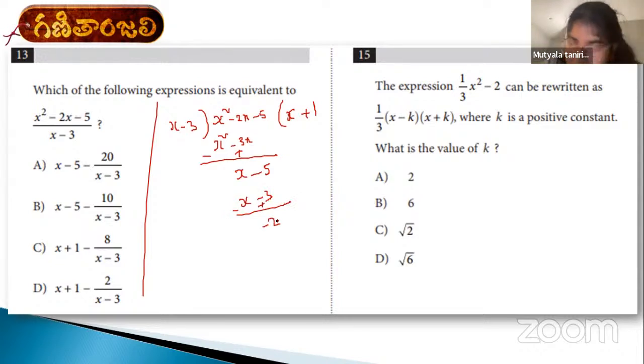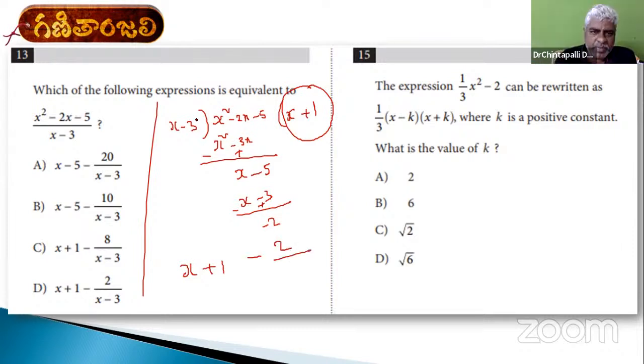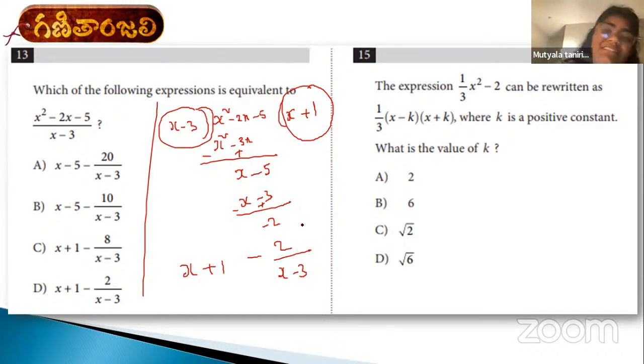Negative 8. So the quotient is x plus 1. The remainder is minus 2 by the denominator x minus 3. So which option is that? Option D, sir.